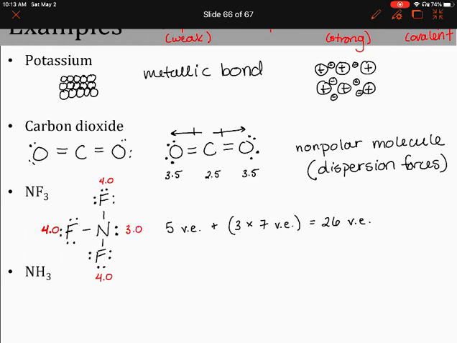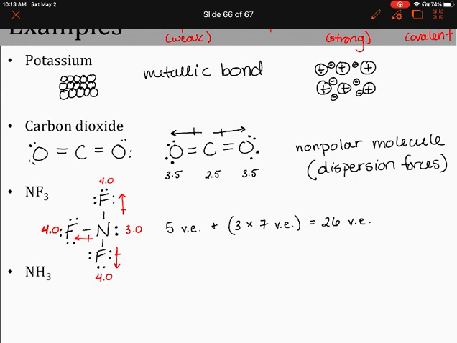So if we just focus on each individual bond, the electronegativity difference will be 1 for each bond. That means that each bond is polar, and electrons are going to be attracted to each of the fluorines more so than the nitrogen.